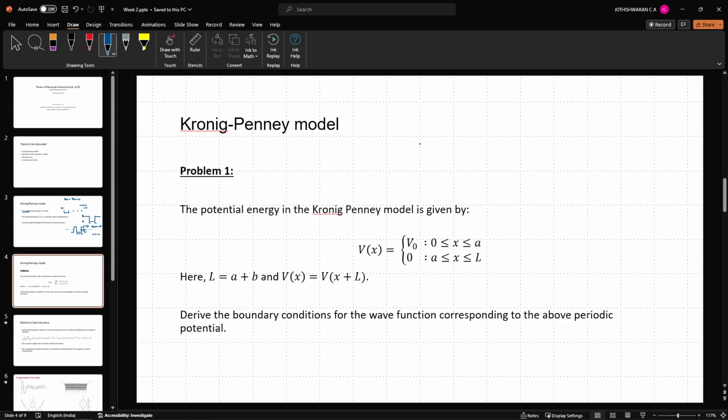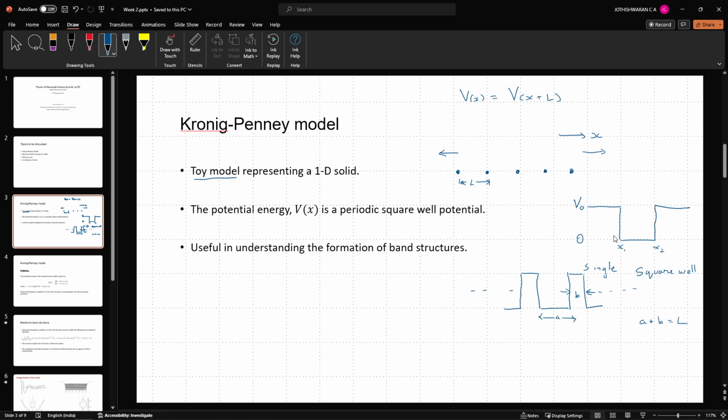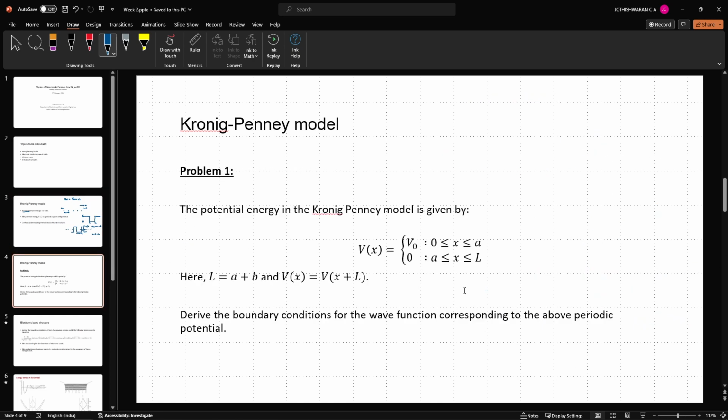So how do we arrive at the band structures? We shall do that by solving a problem. As mentioned before in the previous slide, we have this potential well, which I have defined formally over here.